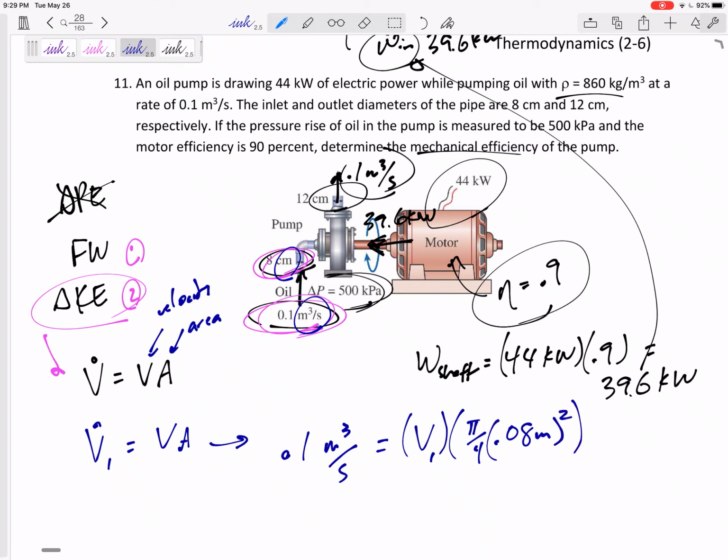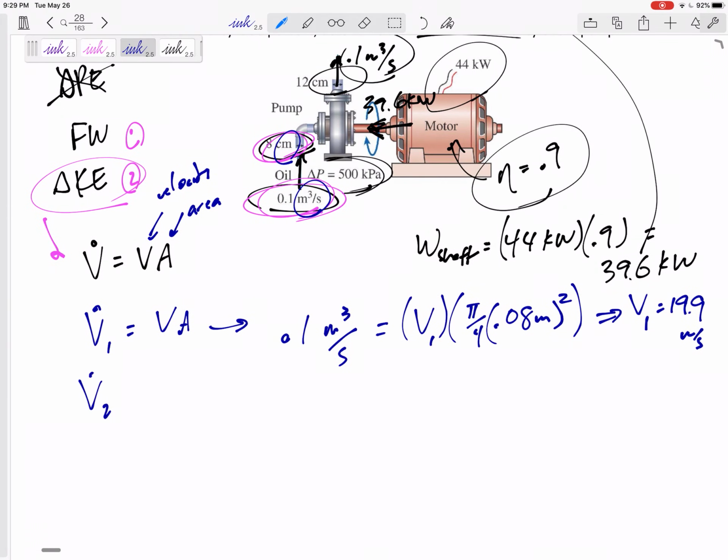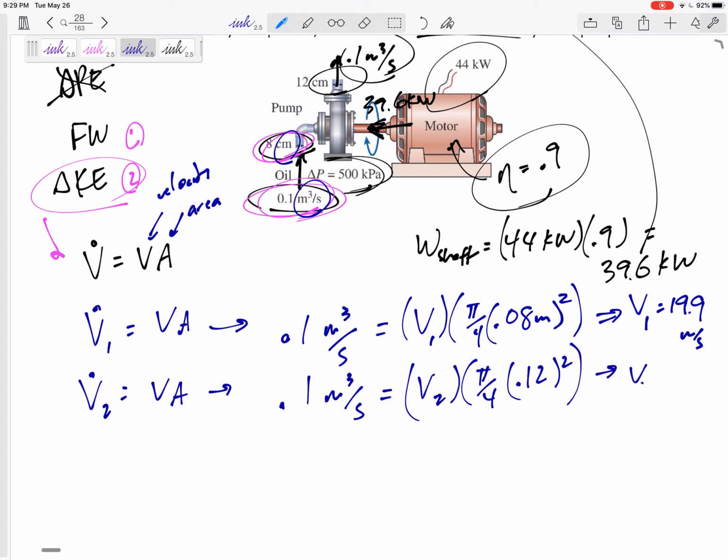Solve that for V1: 19.9 meters per second. V1 is 19.9 meters per second, whereas V2, with the same volumetric flow rate, would be V2 times pi by 4 times 0.12 squared. V2 would be 8.84 meters per second.